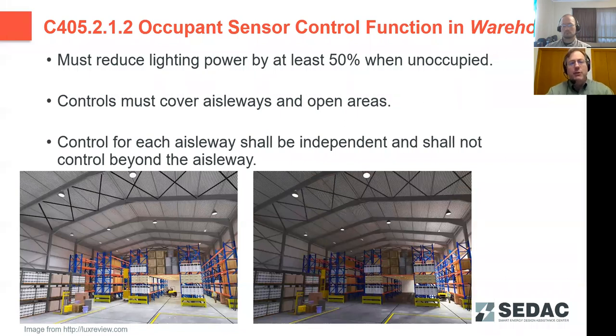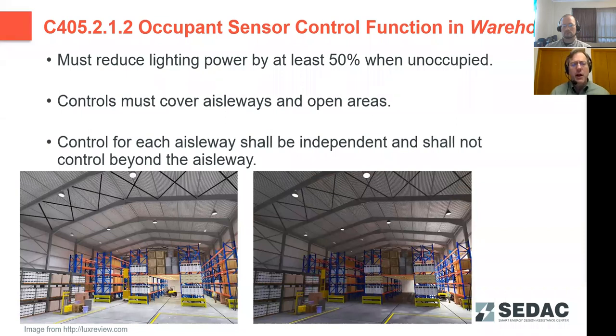Starting in the warehouse areas, it requires that we reduce the lighting power by at least 50% when occupancy is not detected. We also need to separate the open areas, as depicted here towards the front of the pictures, from the aisleways, depicted more towards the back of them.